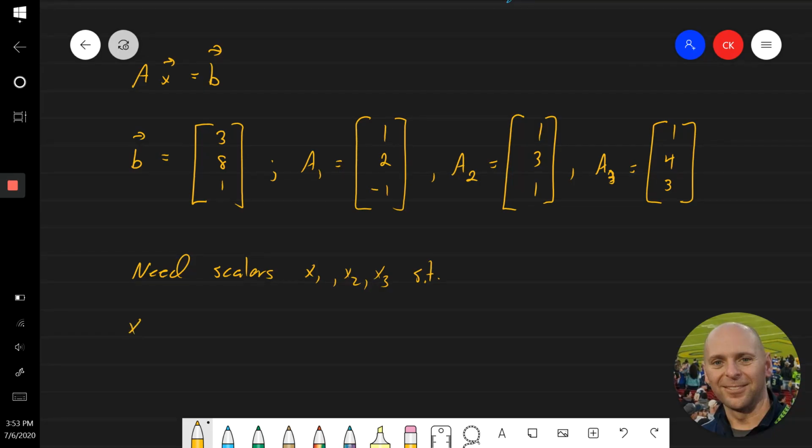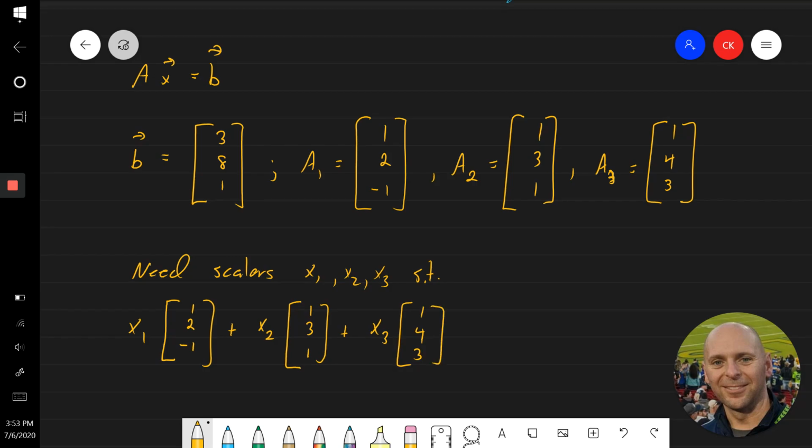We want a constant times A1, plus a constant times A2, plus a constant times A3, and that should be equal to our given vector, 3, 8, 1. So this is what it means to be a linear combination.